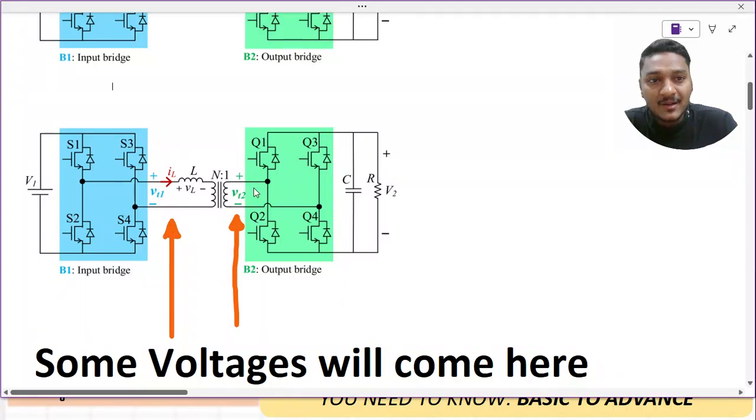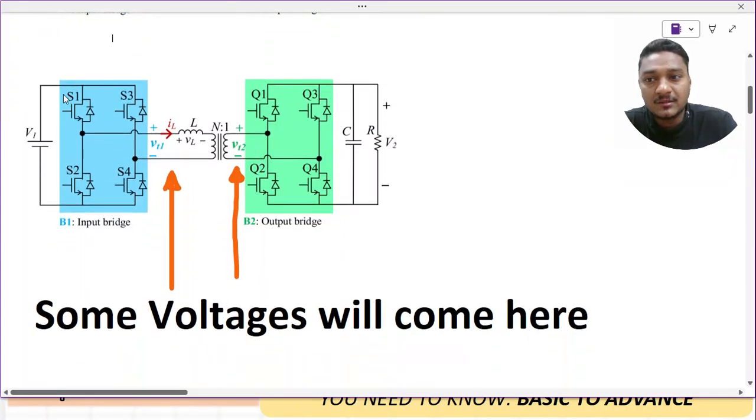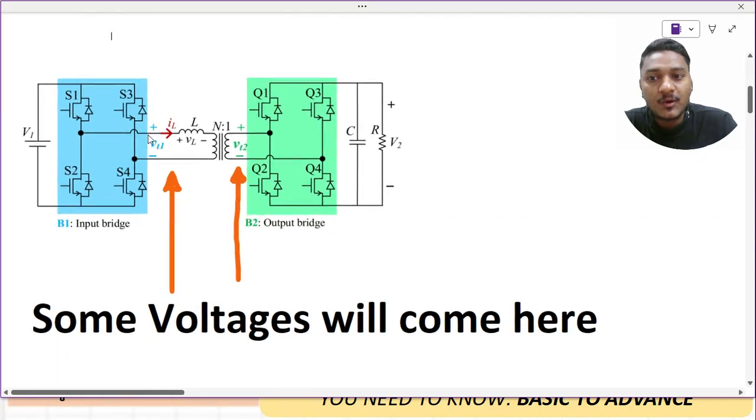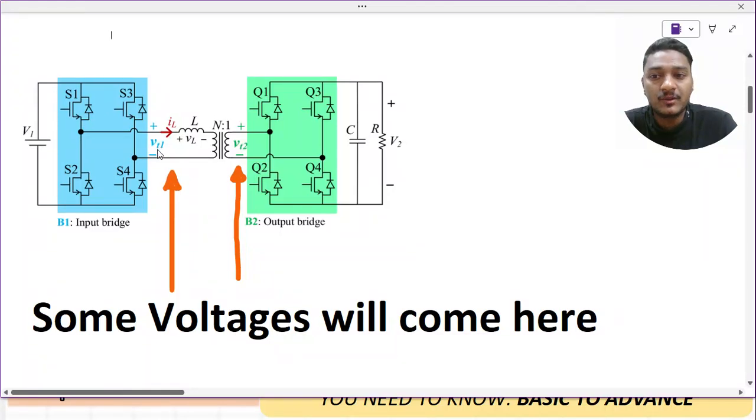Now in this DAB converter, once the bridge operation is done, some voltage will be induced at this point. Likewise, if the voltage is induced on the primary side, its corresponding voltage will be induced on the secondary side. So some voltage will be induced at this point and some voltage at that point. As of now we don't know the nature of the voltage that is going to be induced, so we mark them as VT1 and VT2.